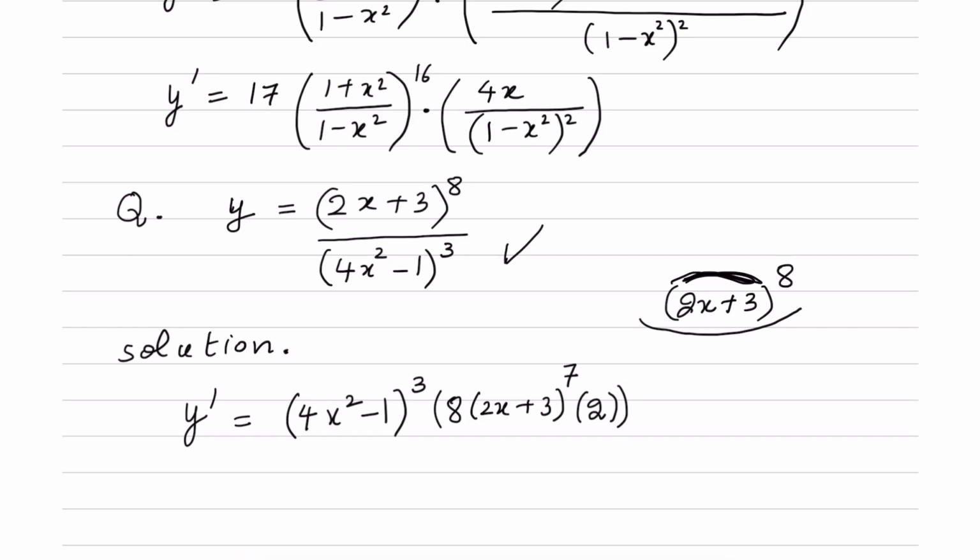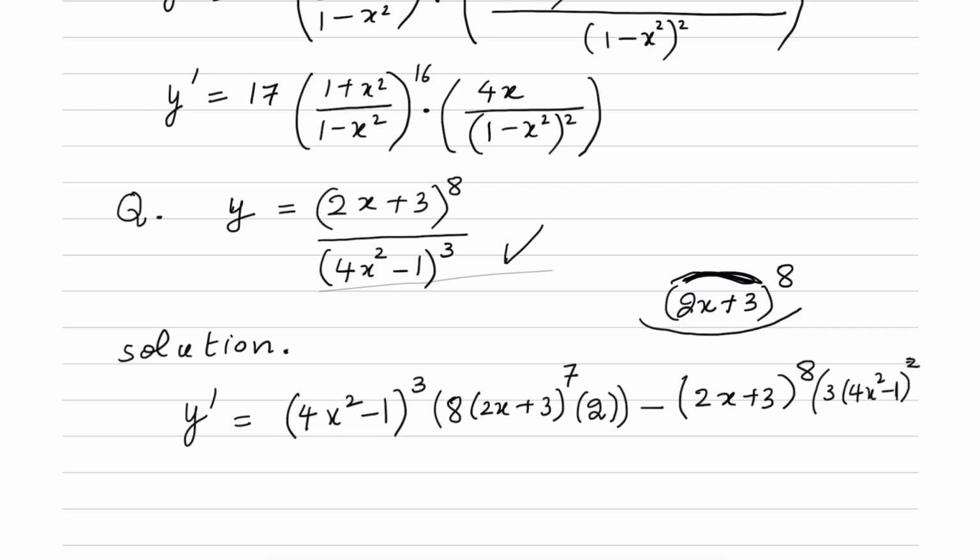Lower term as it is, upper term derivative, minus upper term as it is. Upper term is (2x plus 3) whole power 8, and then the lower term derivative. Since the lower term has the whole power 3, first the power rule, which is 3 into (4x square minus 1), 3 minus 1 which is 2, multiplied by the derivative of the term inside this power, which is 4x square minus 1.